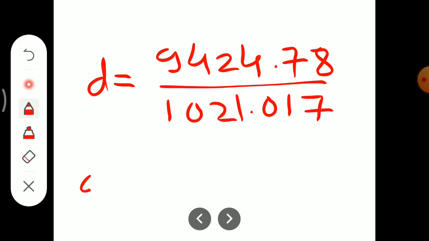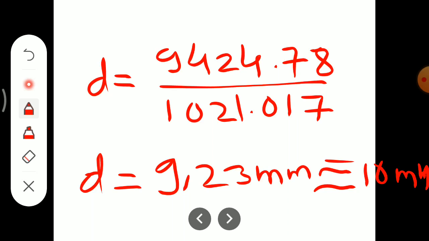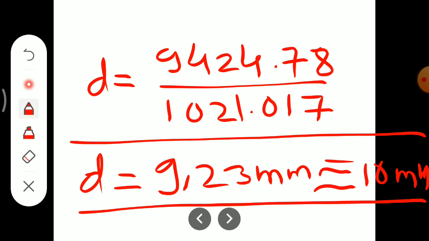Okay, and the final answer of diameter of punch is 9.23 mm, and rounding up we will write 10 mm punch. Okay, this is the second problem of unit number 1.